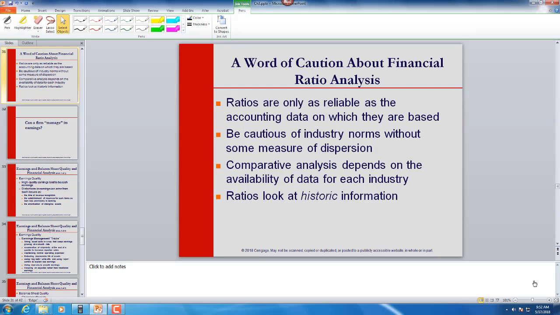Be cautious about industry norms without some measure of dispersion. That is genuinely true. Industry norms do not necessarily mean everyone has the same advantage, just as every human being has some advantages compared to others. For example, there is this guy I know, probably the biggest genius I've ever known.